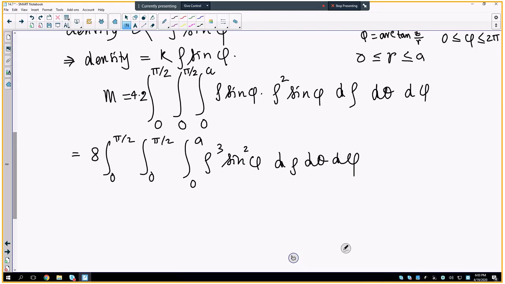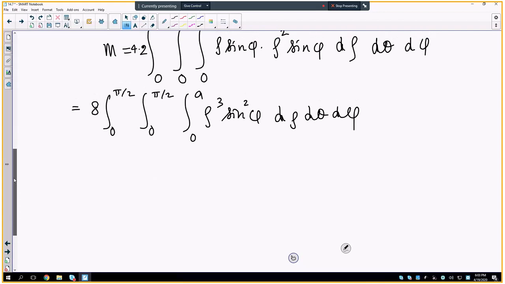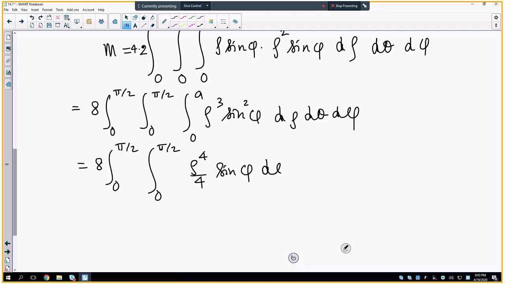So let's do that antiderivative at this point. So I get 8 times integration 0 to pi over 2, integration 0 to pi over 2, and rho cube will be rho to the power 4 over 4, and sine square phi has nothing to do with this antiderivative, d theta d phi, and then don't forget the limits of rho, these are 0 to a.